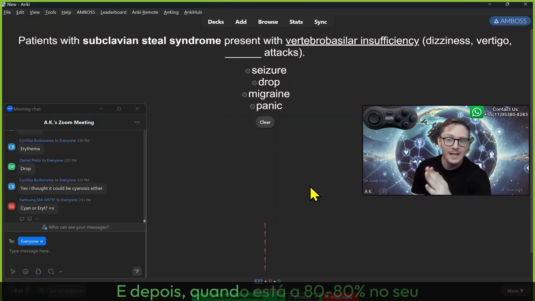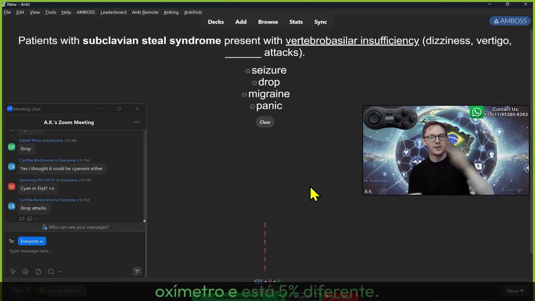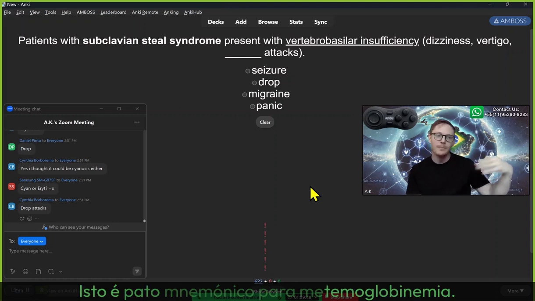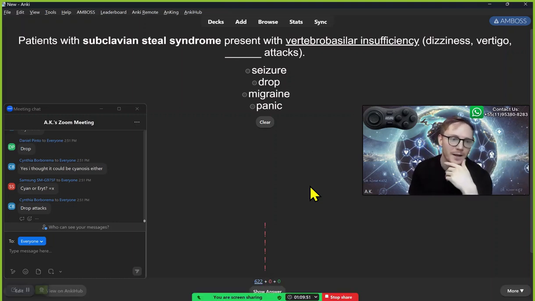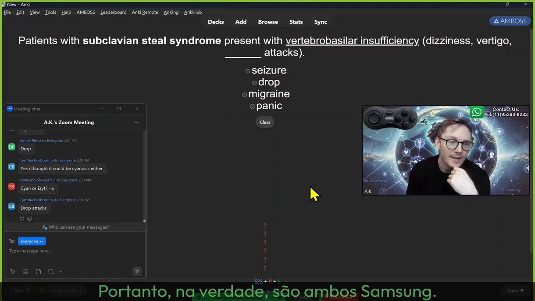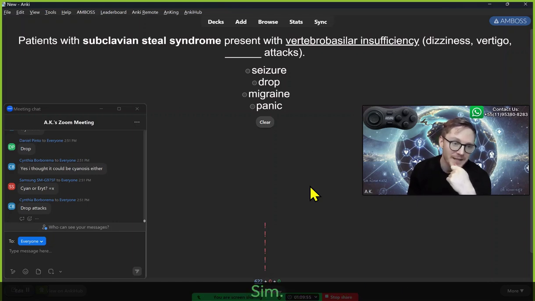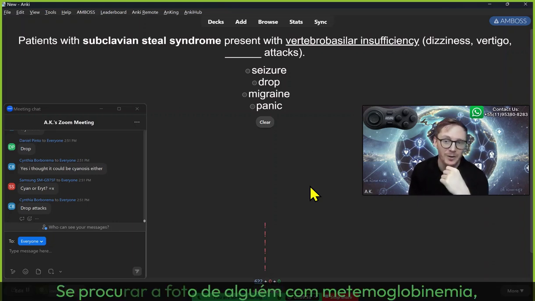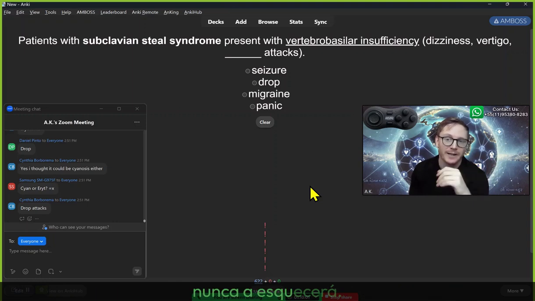When you're at 80% on your oximeter and you're 5% different, that's pathognomonic for methemoglobinemia. So it's actually both. You're going to get erythema. If you look up a picture of somebody with methemoglobinemia, you will never forget it.